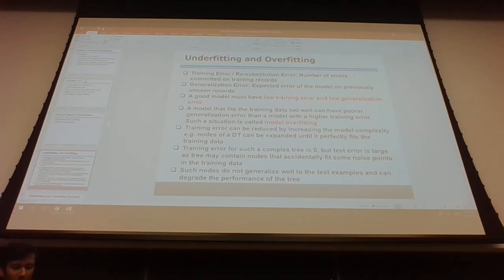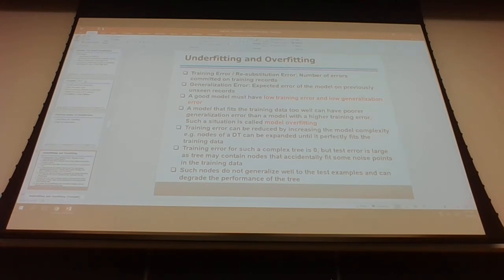Bias means that the model is so simple that it is far away from the true model. If it is very simple, then it will have high training error as well as high test error. And if it is too simple, then if you give it two different training sets of the same phenomena, it will come up with the same model or very similar models.